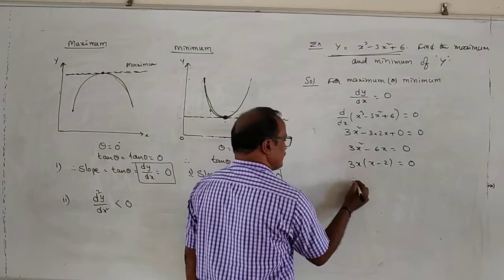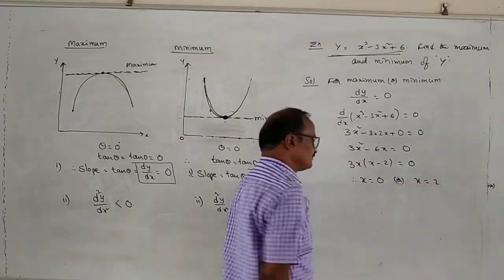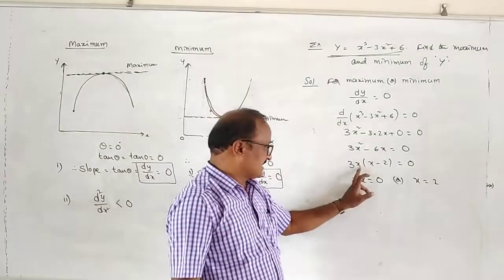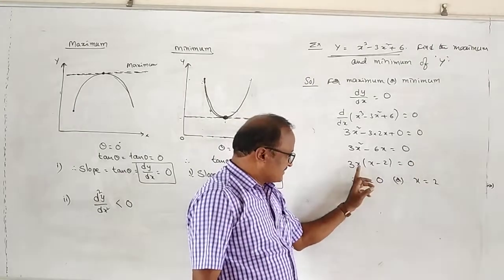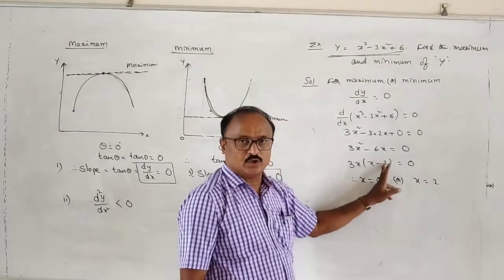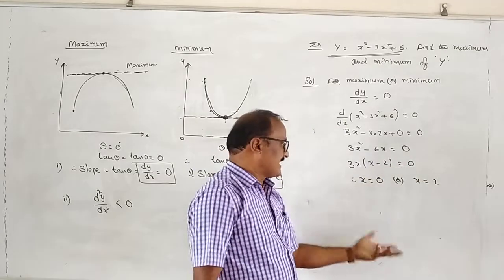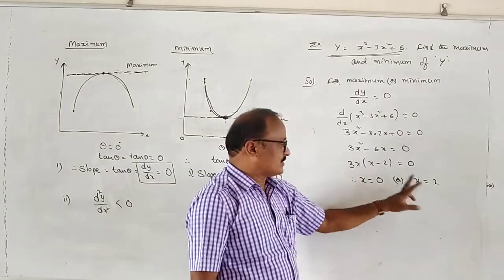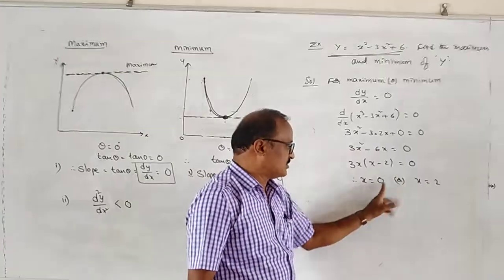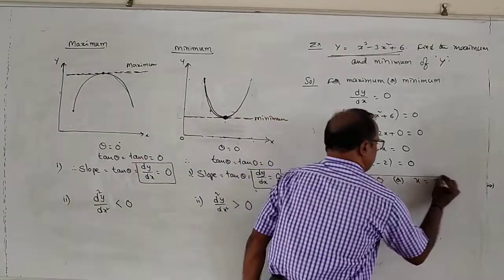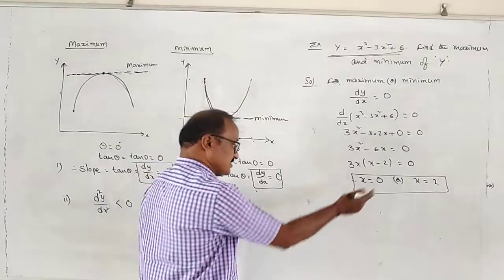From this we conclude that x is equal to 0 or x minus 2 is equal to 0, because the product of 3x and x minus 2 is equal to 0. x minus 2 is equal to 0 means x is equal to 2. So the values of x are 0 and 2.